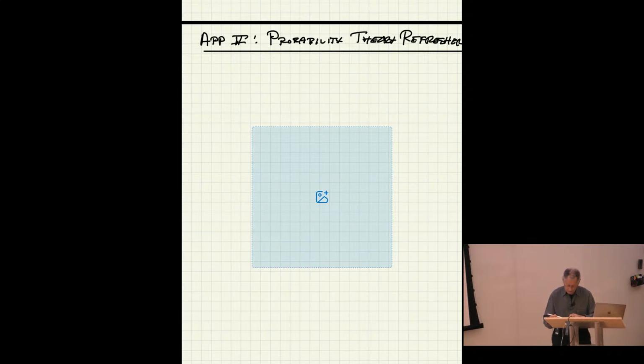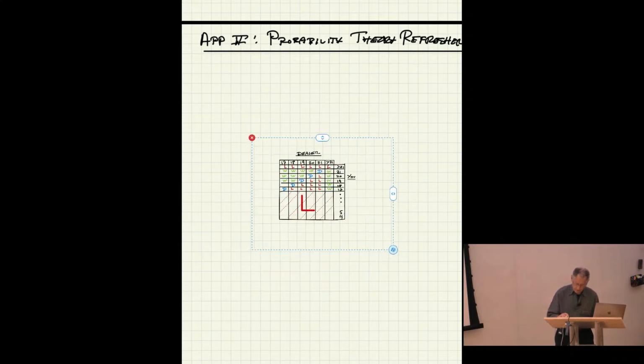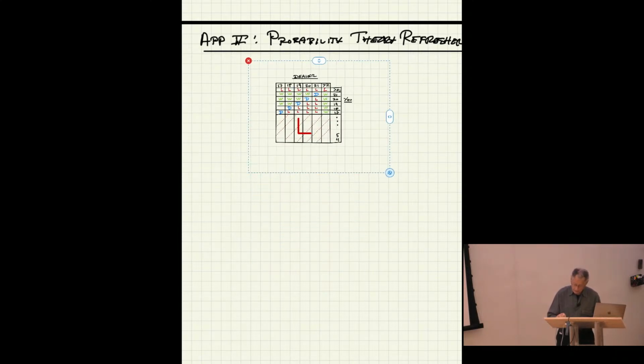What I'm looking for now is this little guy. This is an example of an experiment. It's playing blackjack in Las Vegas. You may or may not know how blackjack is played, but you get a score and the dealer gets a score. And depending upon the relative scores, either you win, lose, or draw.